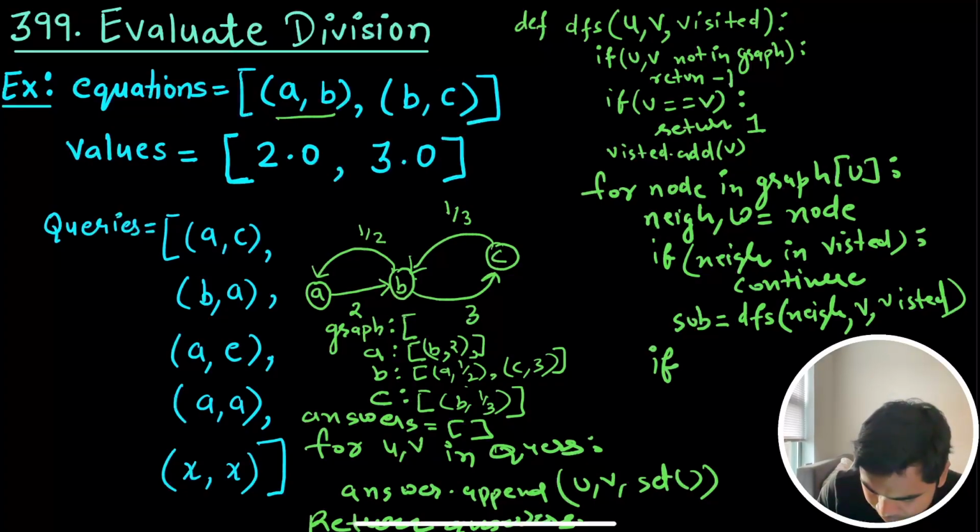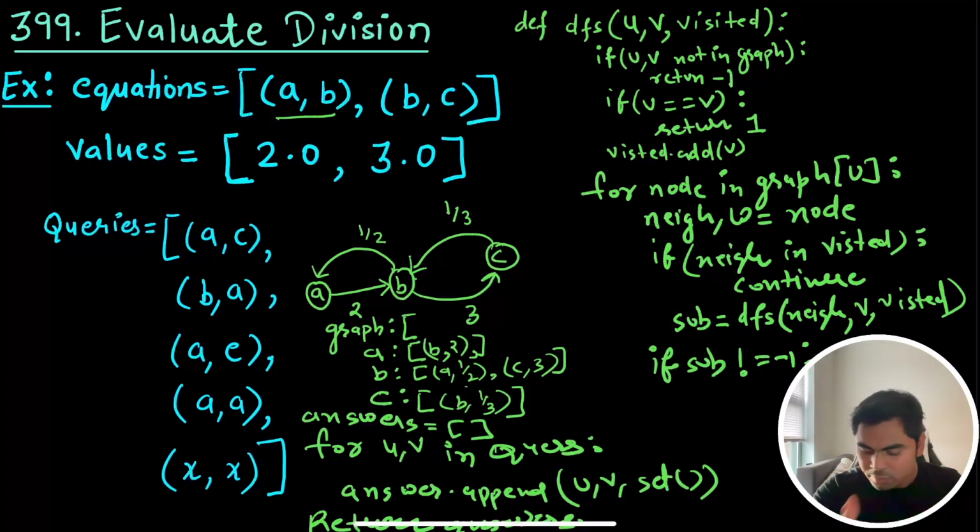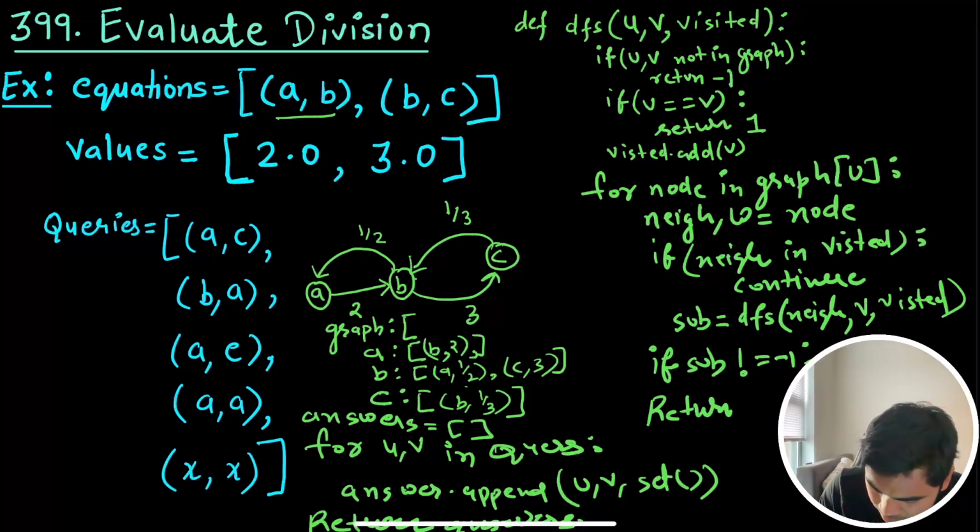If this sub is not equal to -1, that means it brought me some value, and we have already found our answer. So -1 means we have not found any of these nodes. That's when you receive -1. If it returns 1, that means you have found your answer. But it might return some other value as well, which we will be returning right here. So we will return what?